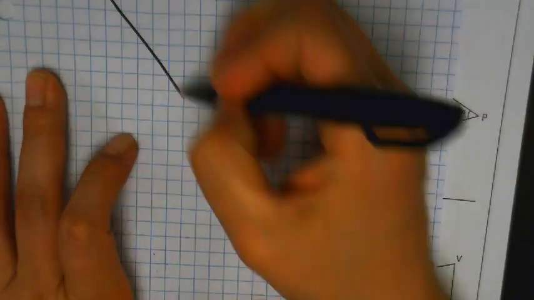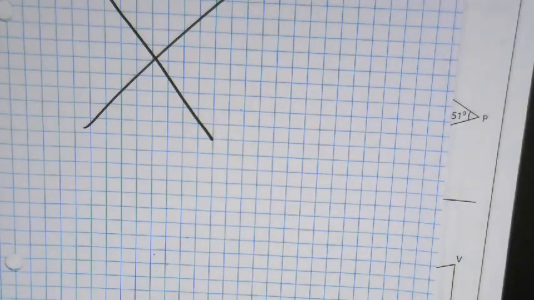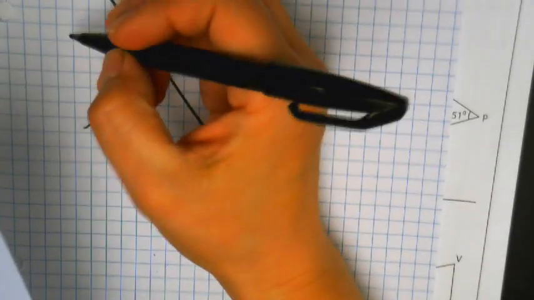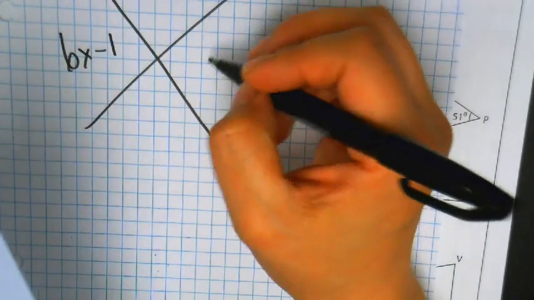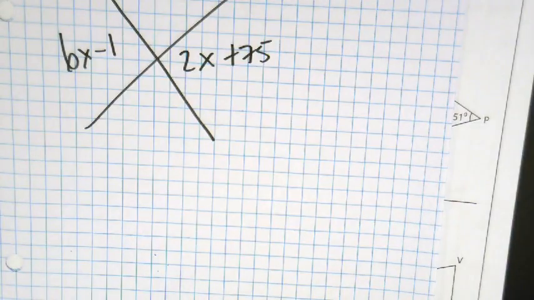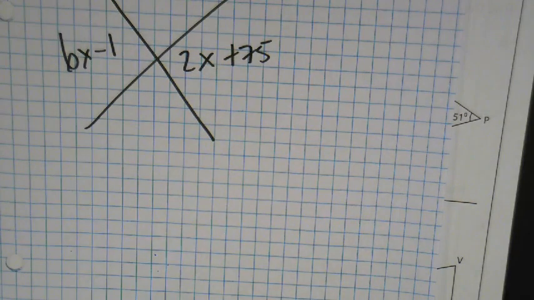Can we work on it? 6x minus 1, 2x plus 75.